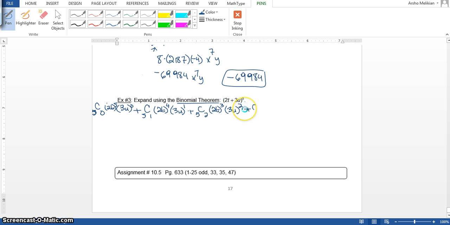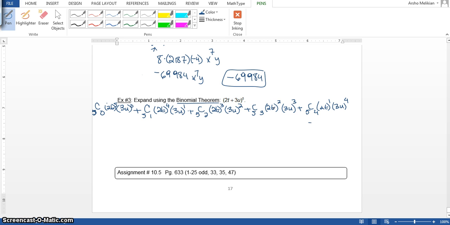The next one is c, 5, 3. So it's going to be 2t to the power of 2, 3u to the power of 3, plus c, 5, 4, 2t to the power of 1, 3u to the power of 4.